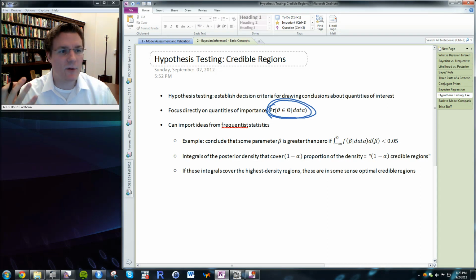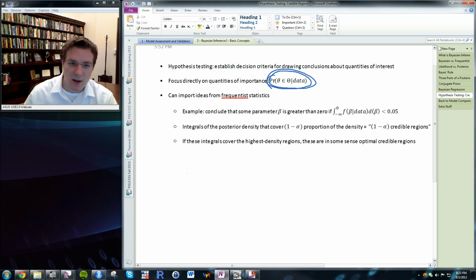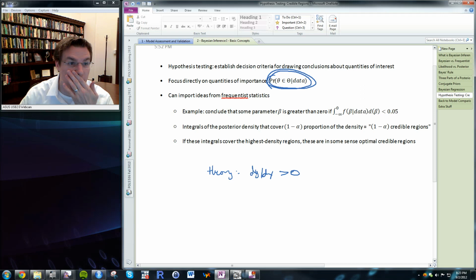There are lots of different ways this can link to hypothesis testing as you might understand it as a theoretical exercise. For example, we might say our theory tells us that some slope, for example some dy dx, should be greater than 0. It should be positive.